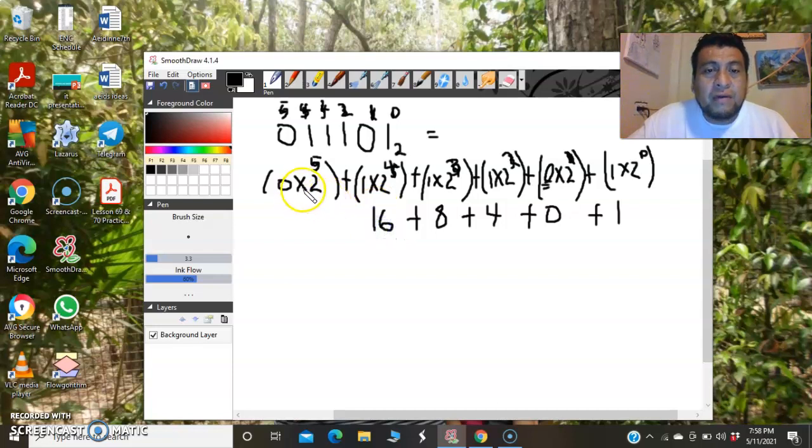And here I won't even bother because again, we have a 0, so automatically it's 0, all right? So I go ahead and add: 16 and 4, that's 20, and 8, 28, and 1, 29, base 10, all right? So this is a conversion from base 2 to base 10, okay?